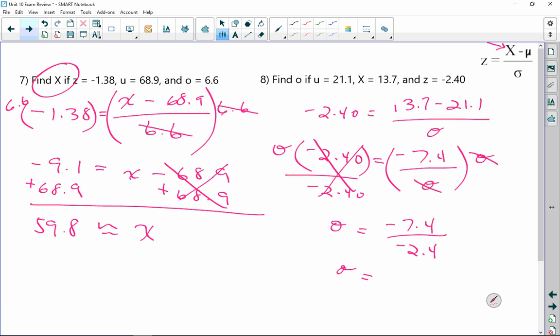What is this? Negative, and then positive 3.083 repeating. Squiggly line. Pretty simple.